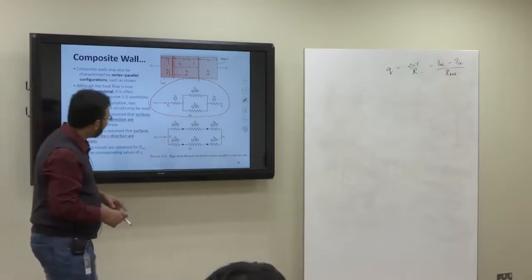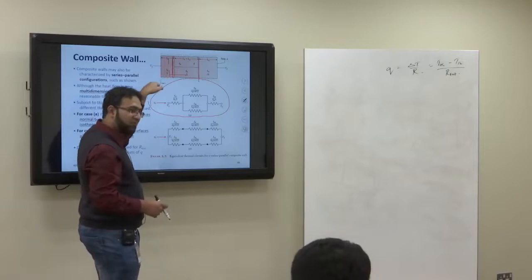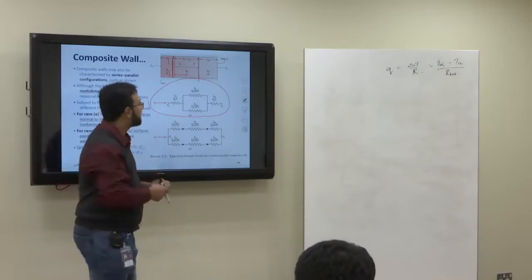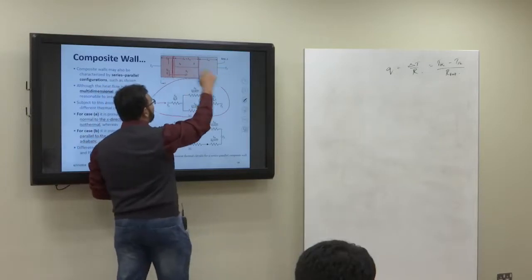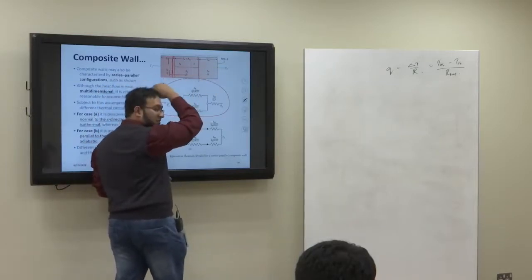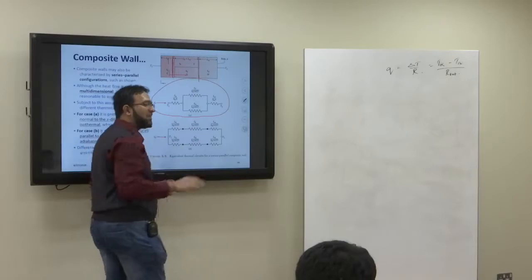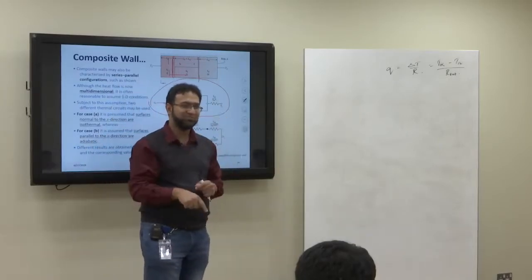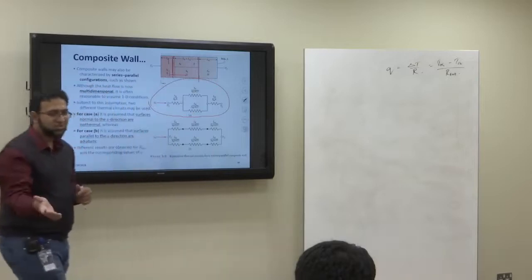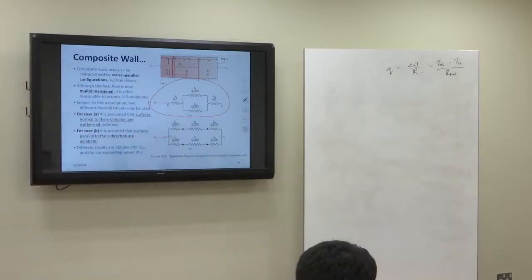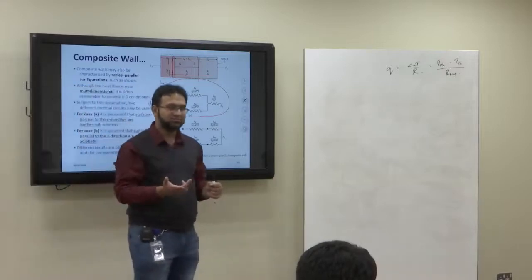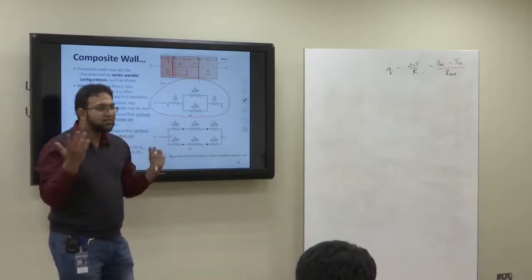That means you are saying that yes, there is a temperature difference between top and bottom, but heat will not flow from top to bottom, because all the horizontal surfaces are adiabatic. Adiabatic means they will not allow heat to transfer from top to bottom. I mean, this is an assumption.